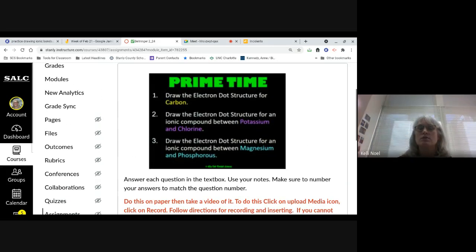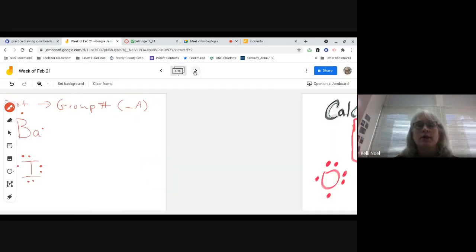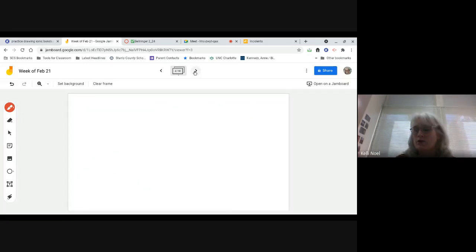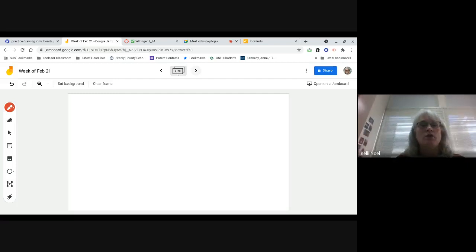So what I'm going to do is flip through a Jamboard. The first one says draw an electron dot structure for carbon. So I'm going to go over here to a blank page. To draw an electron dot structure for carbon, you are going to need your periodic table. You're going to find carbon. It's on the right-hand side.